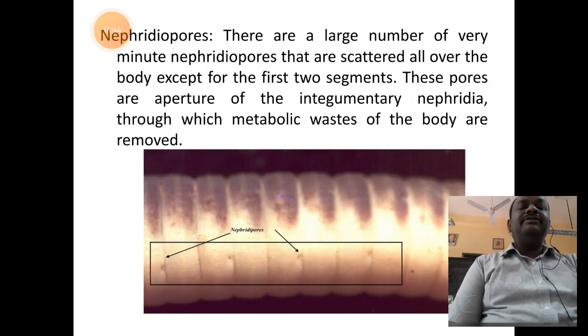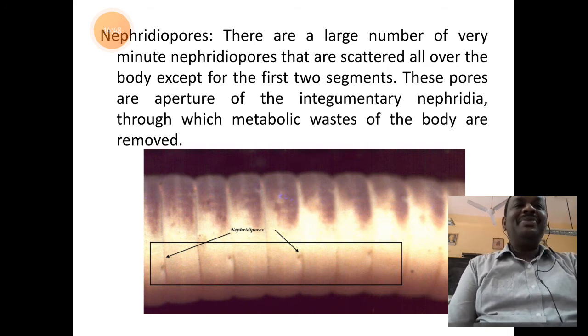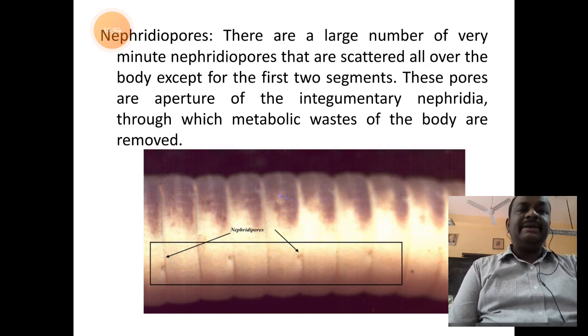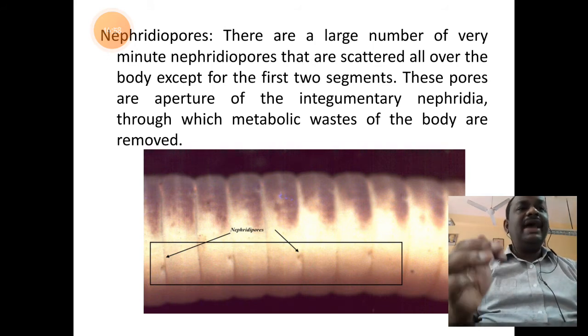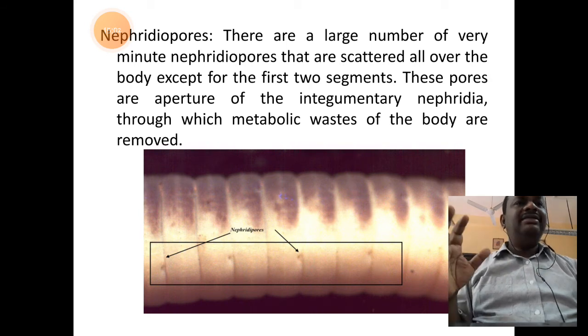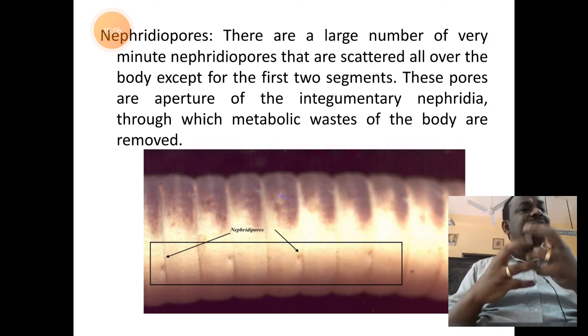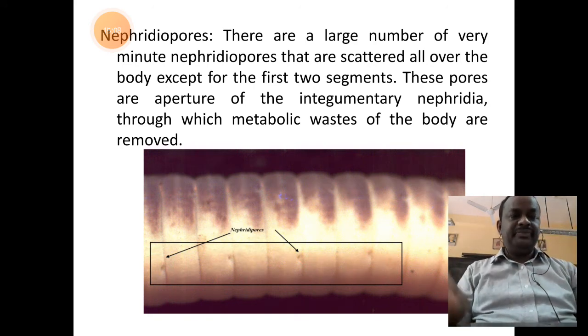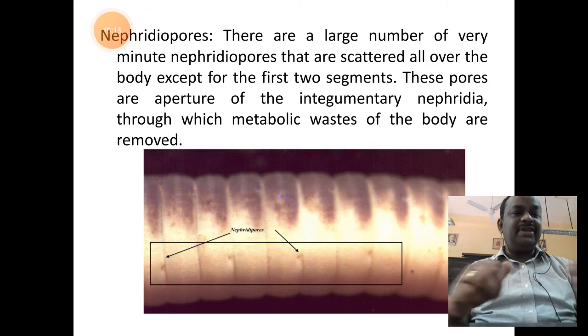The next important feature is the apertures called nephridiopores. There are innumerable minute openings which are scattered all over the body except for the first two segments. And these openings remove the excretory waste from the body. So they connect with the structures of nephridia.